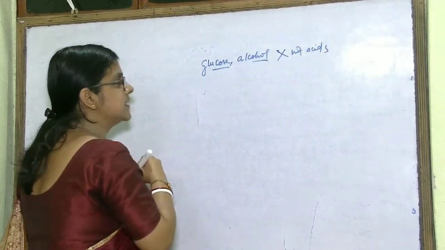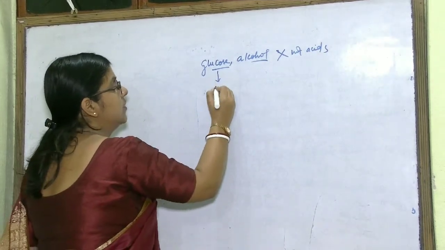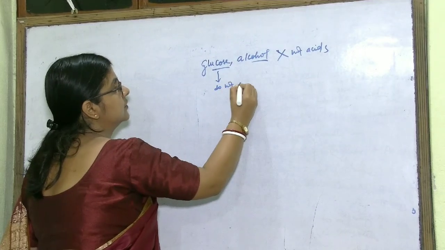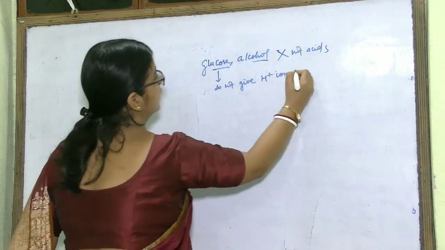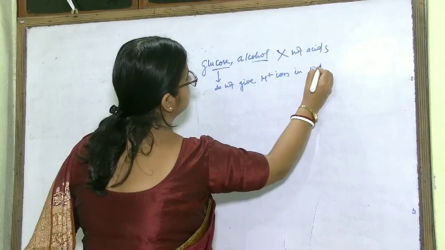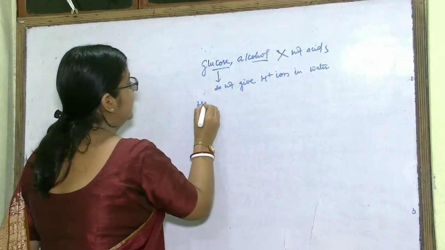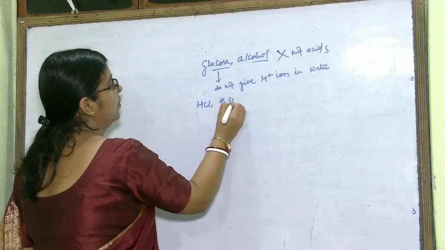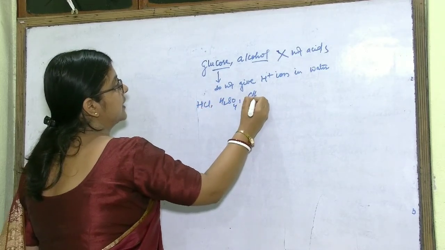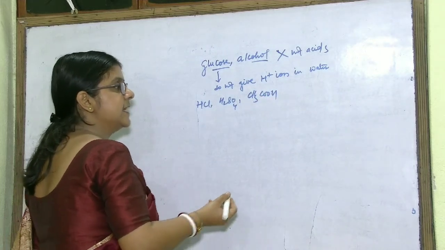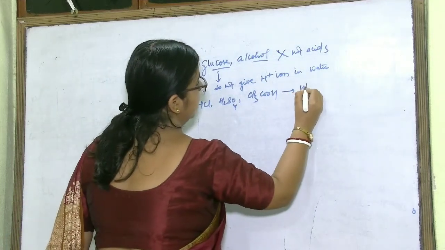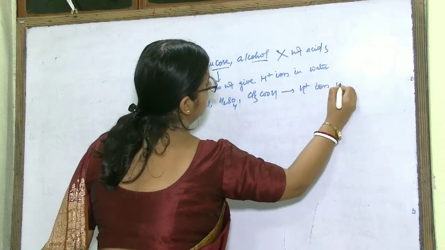Why they are not acids? Because they do not give H plus ion in water. While HCl, H2SO4, acetic acid, all these are acid. Why these are acid? Because they give H plus ion in water.